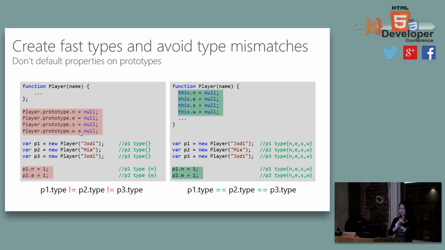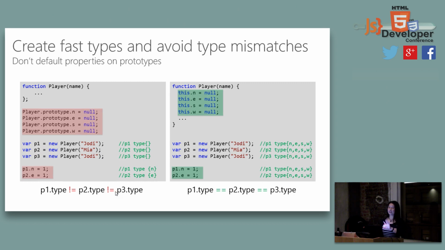Okay, how many of you use prototype in JavaScript? A lot, right? So you just have to be careful. Whenever you do the default property assigning using the prototype keyword, then all the variables like P1, P2, P3 you create later, their object types are totally different, because prototype is a different way of assigning the default properties.